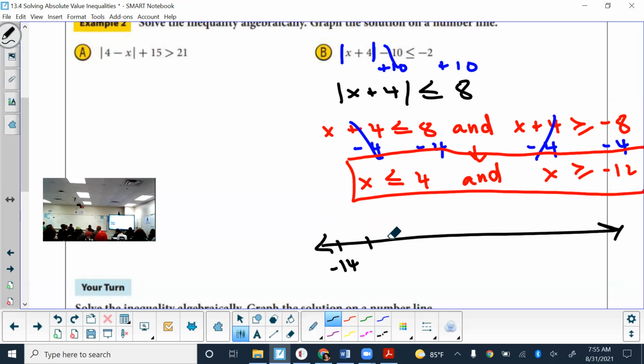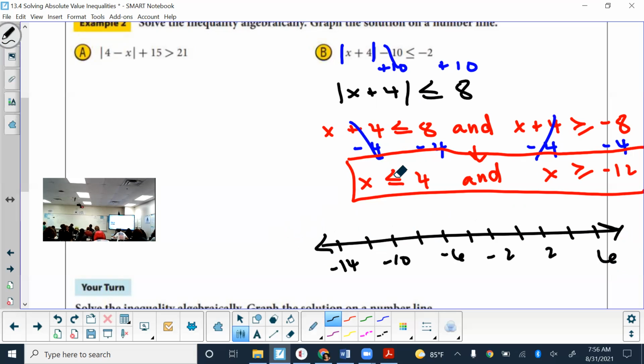So -12 there, -10, -8, -6, -4, -2, 0, 2, 4, and 6. So I labeled every other one, counting by 2s. You can double check it if you want. So it should look something like this, all the way from around -12 to around 4.